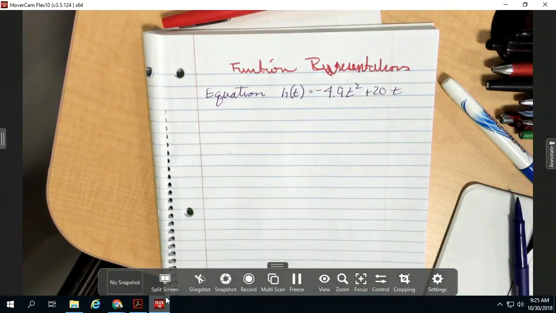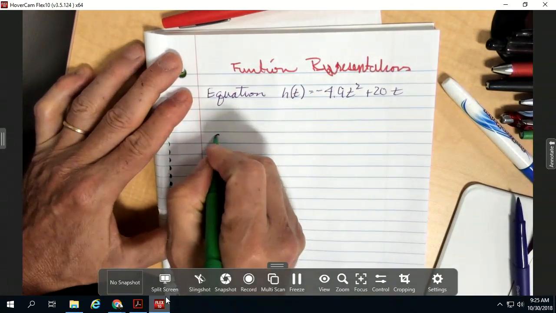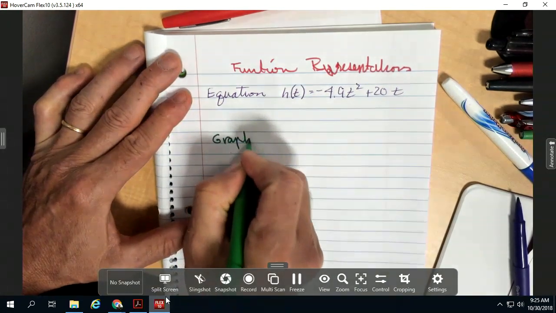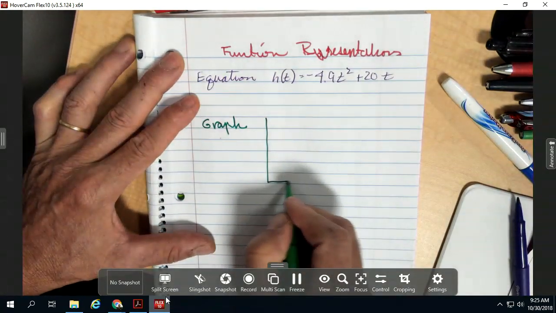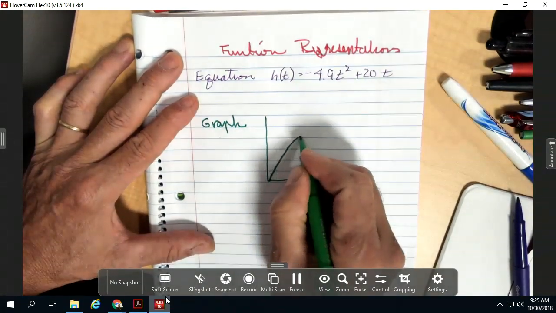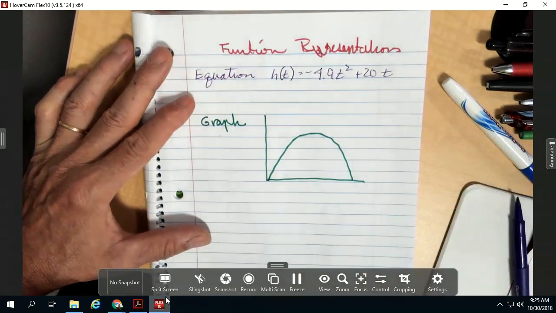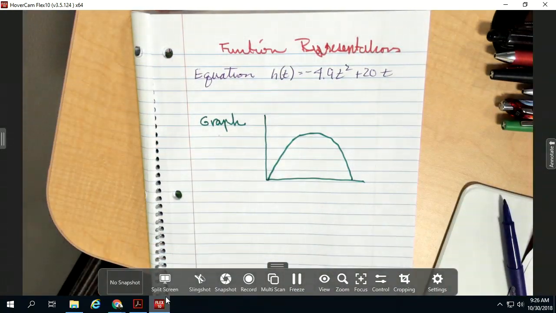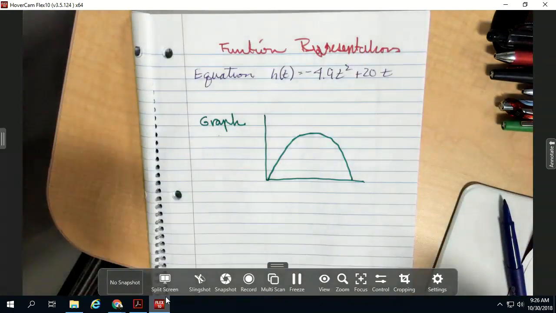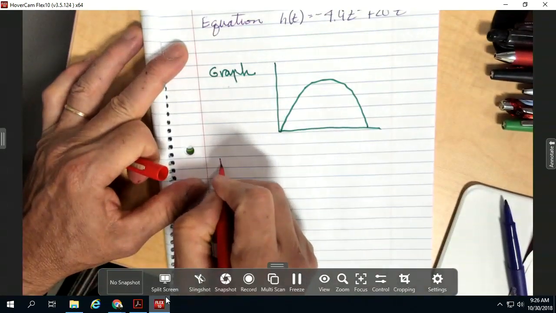The second one they give us is a graph. The third one is a table.